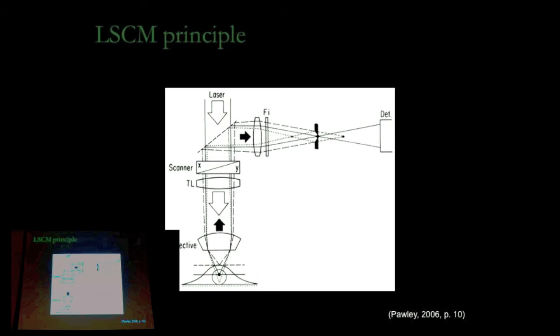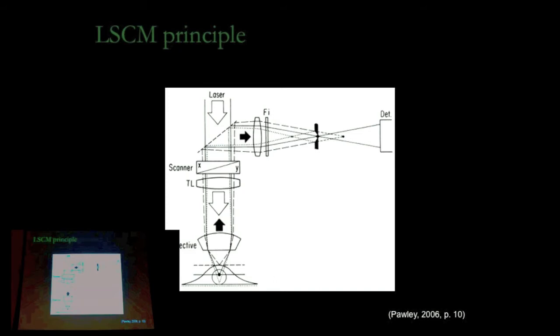And then in the detection beam path, there's a pinhole that's at a conjugate focal plane with the objective. So the light beams are coming to a focal point right at the plane of the pinhole, just as they did in front of the objective. The light that comes from the plane of focus below your desired level gets focused here, and the plane above focus would fall into focus at this point.